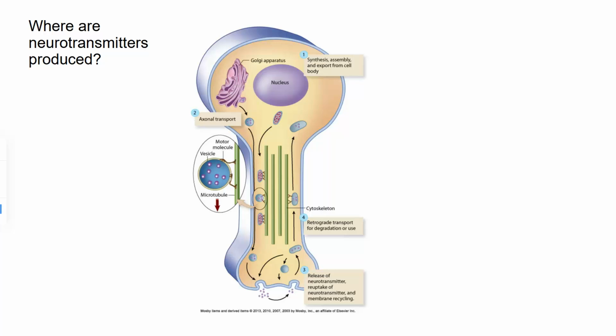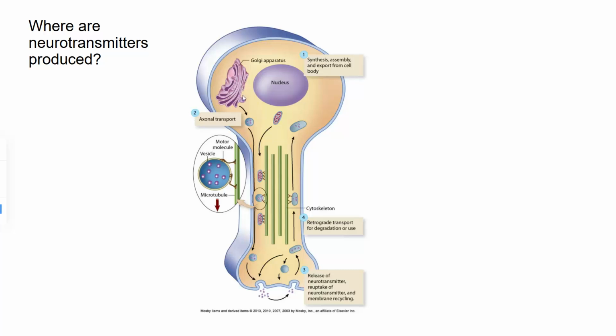So where are neurotransmitters produced? As we talked about with the process of protein production, neurotransmitters are going to be made in the cell body. The genetic material codes for those substances, and sometimes if they're lipid-based, they can be produced in the Golgi apparatus.